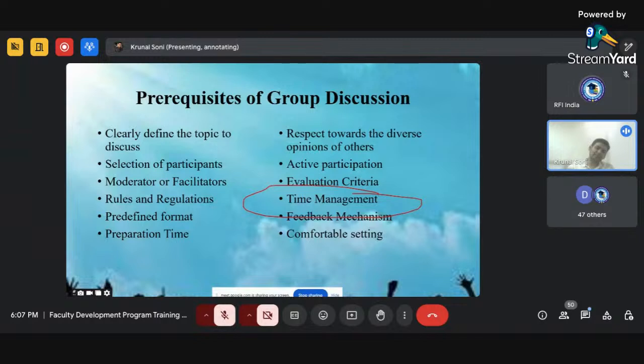And feedback should always be taken from the participants by the moderator, because we should always look for scope of improvement. Participants or students go to multiple schools and colleges, where they actively engage in multiple events, so they might experience certain group practices there.